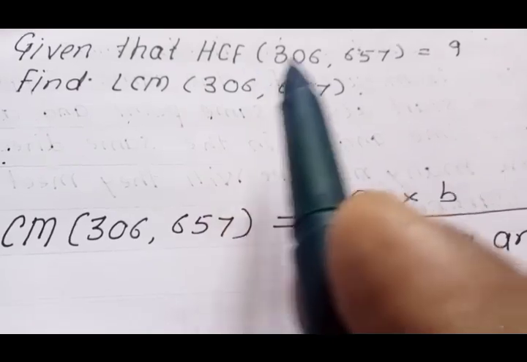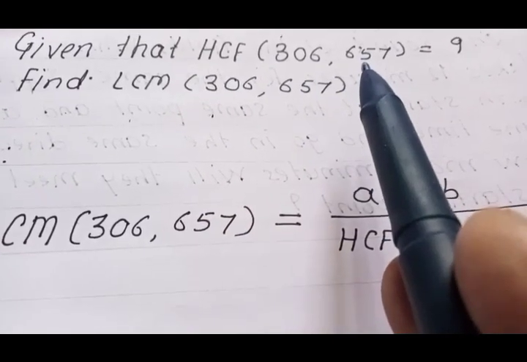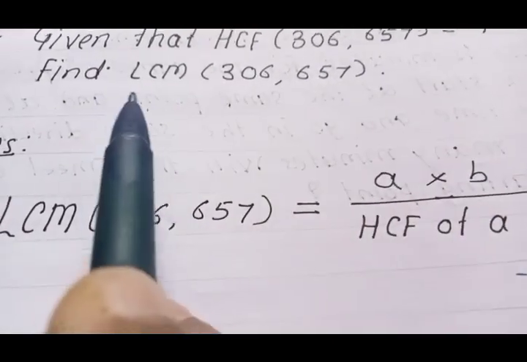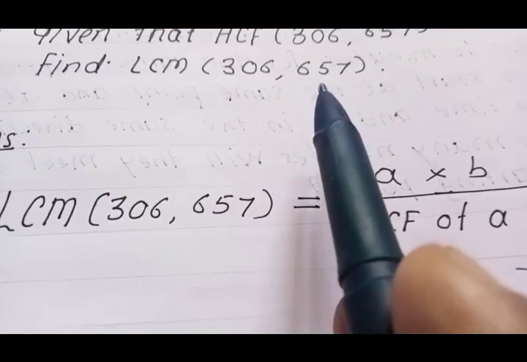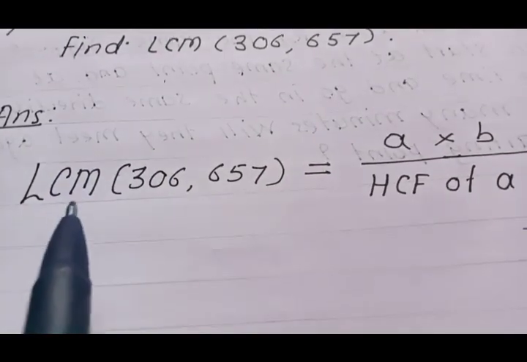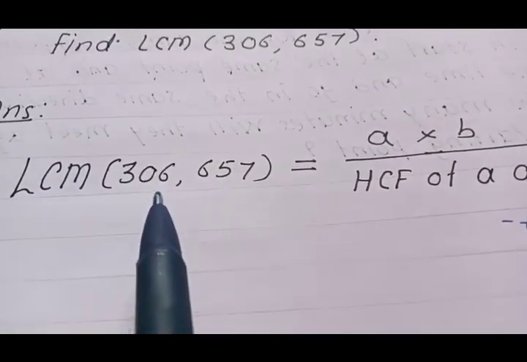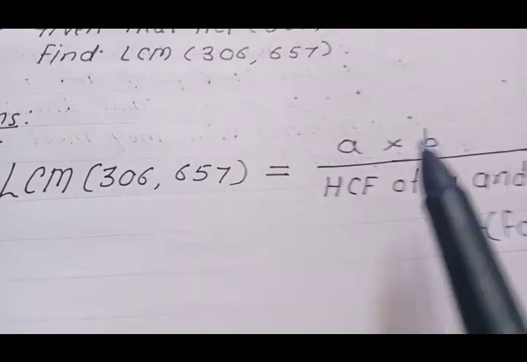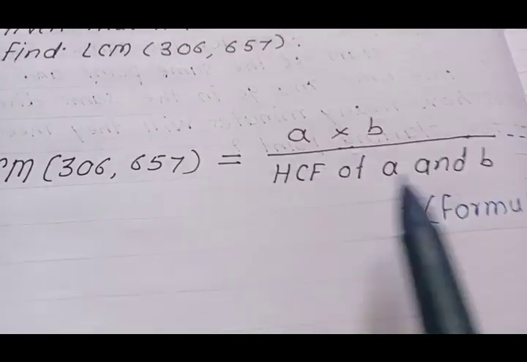Given that HCF of 306 and 657 equal to 9, find LCM of 306 and 657. Formula: LCM of 306 and 657 equal to a into b upon HCF of a and b.